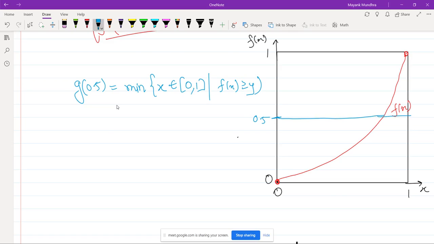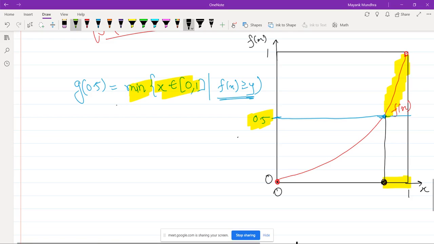What he's saying is the minimum x for which f(x) is greater than or equal to y. The y value is 0.5, and f(x) is greater than or equal to y for all these values. So the possible values of x become these values. Of these, the minimum value of x is going to be this one.